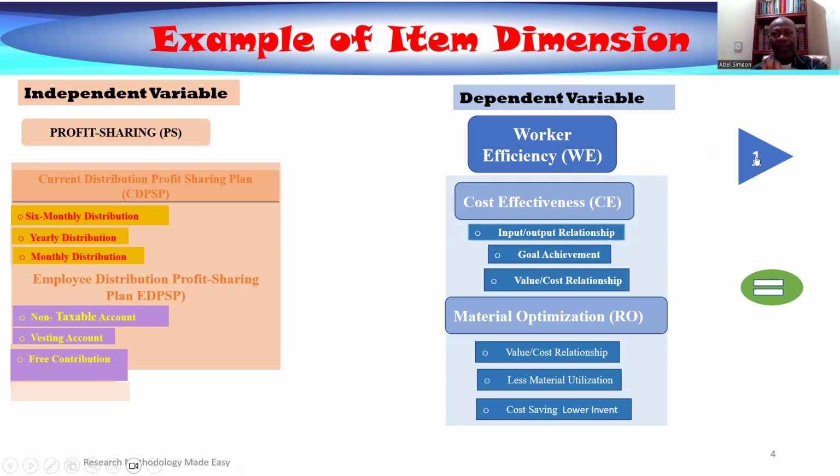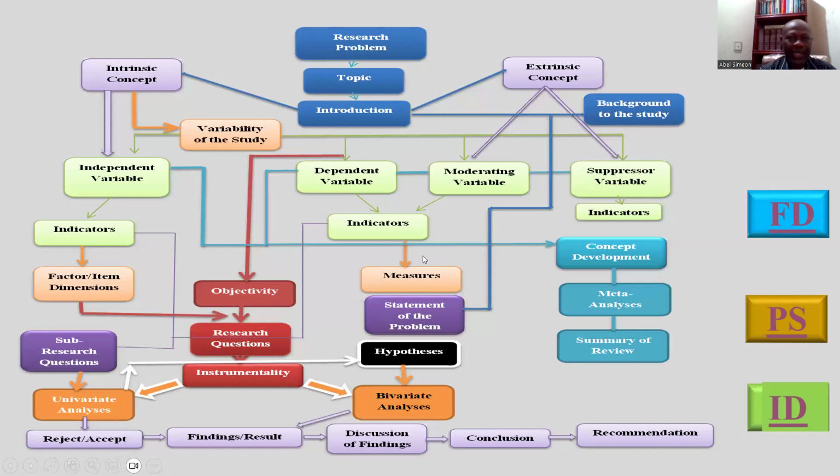If it is a factor measure, it does not have indicators under the measures. But if it has indicators under the measures and dimensions, then it is item dimension. I would like to stop here and then we'll continue in the next part. Just look out for the video as we continue from here. It's important that you understand the schematic diagram step by step as it relates to research methodology.